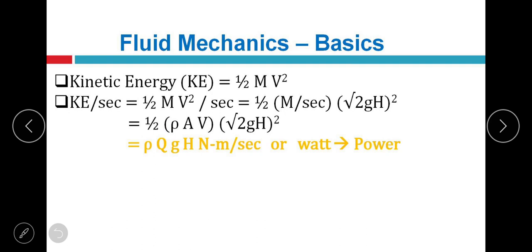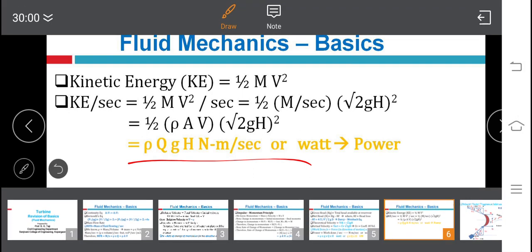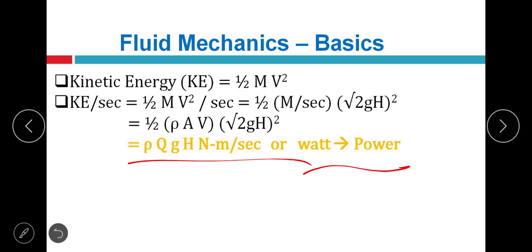If you simplify that, you will get rho QgH Newton meters per second or watt, which is nothing but power.